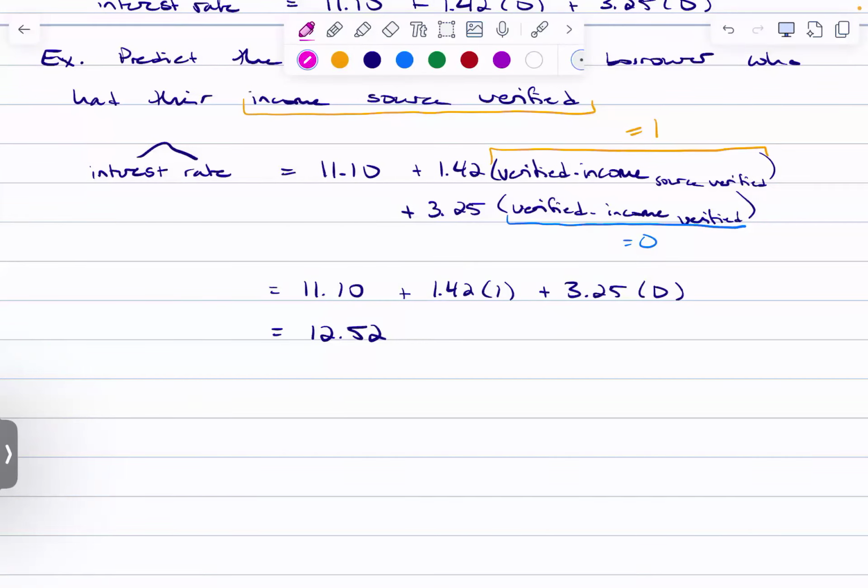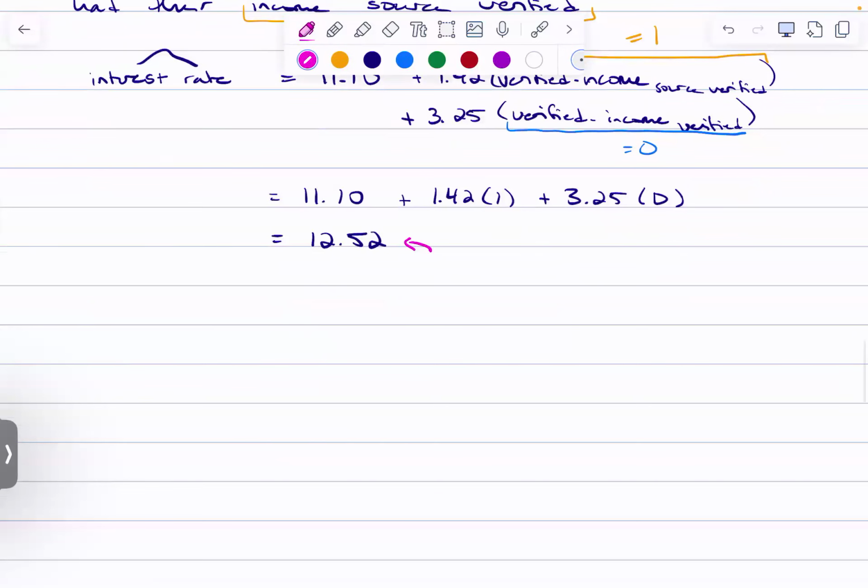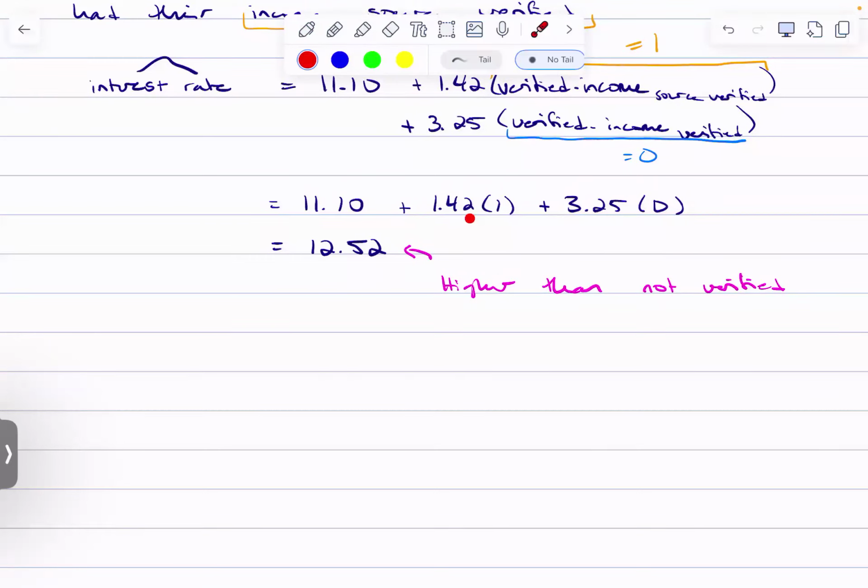And so here, this is higher than not verified, if I can use that kind of slangy shorthand. How much higher? 1.42 higher, right? And so that's from this coefficient here. And so it's 1.42 higher than not verified.